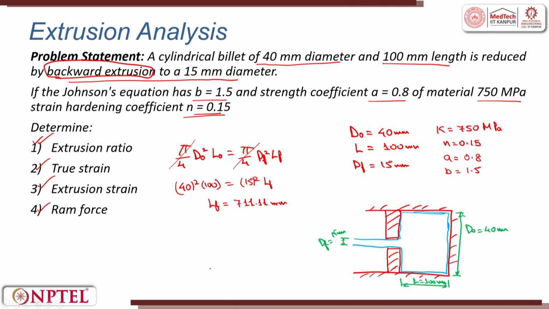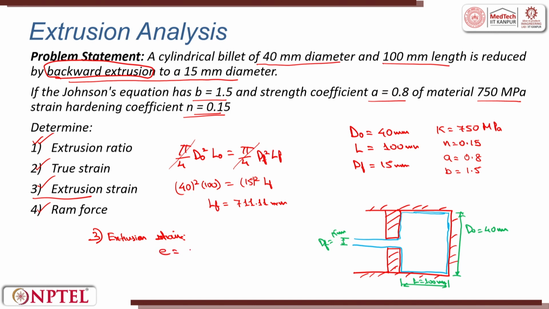Now the extrusion ratio is to be calculated. For this, let me first calculate the extrusion strain. So part 3, extrusion strain, is equal to change in length over original length.